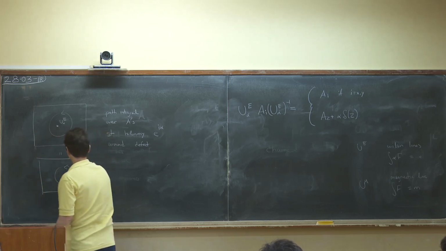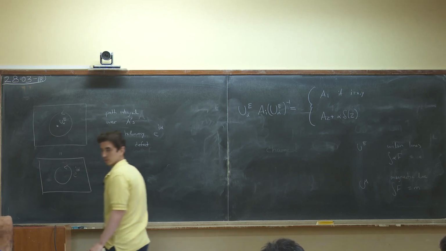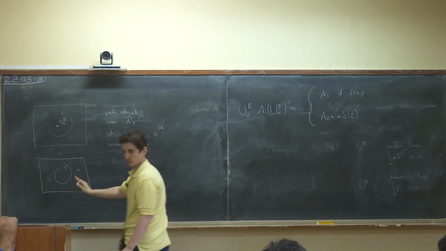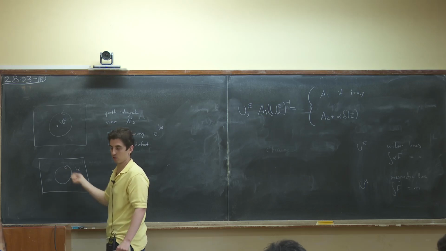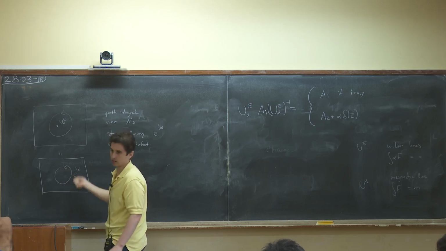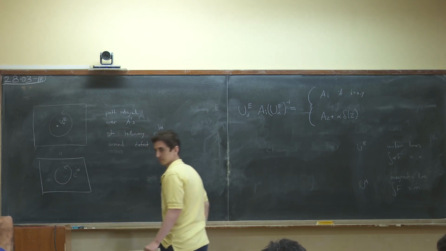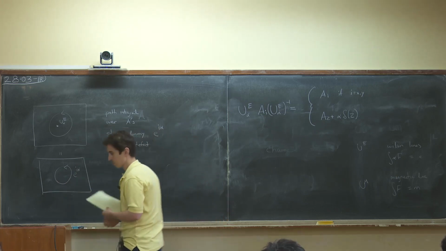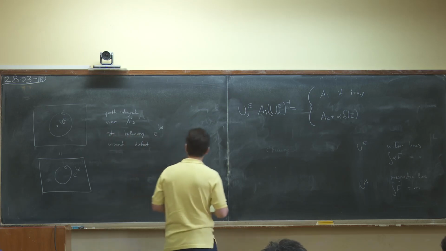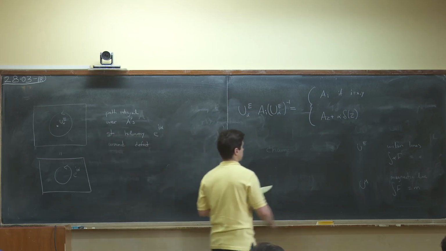The charge is e to the i alpha, if it's the basic Wilson line. So it's as if I shifted the gauge field going around here by e to the i alpha d theta. Okay, so good.